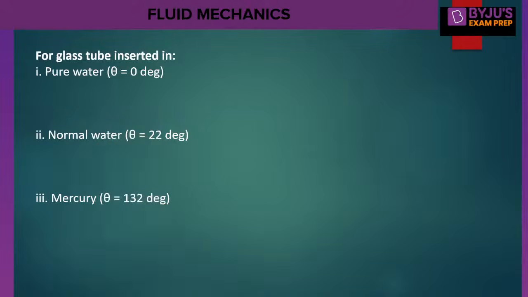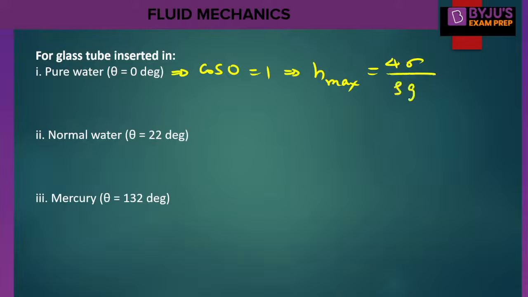These are some standard results. For pure water, theta is equal to 0 degree, cos 0 is equal to 1, so H will be maximum, that is 4 sigma upon rho of water into G into D. For normal water, theta is 22 degree, which is less than 90 degree, so cos theta will be positive.